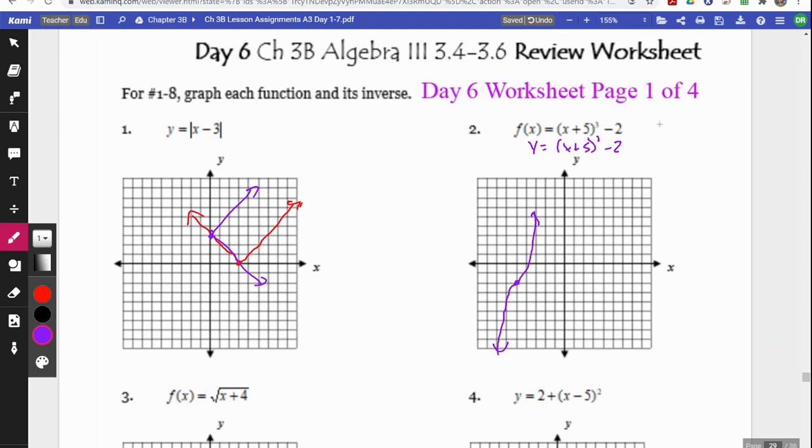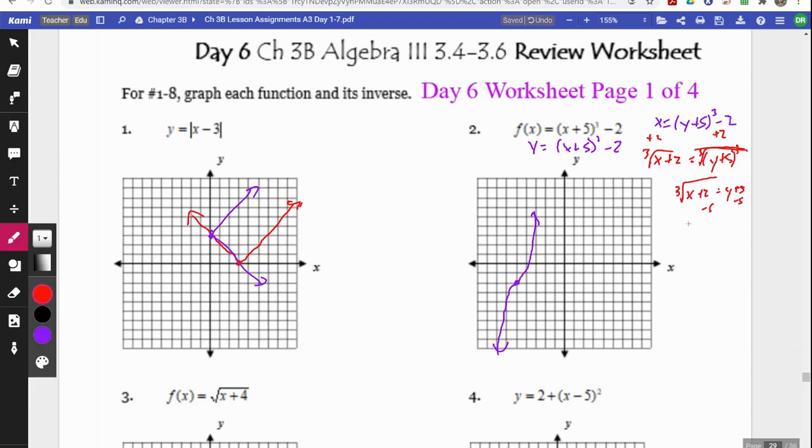And then in order to actually find the equation of the inverse, when we swap our x's and y's, x equals (y plus 5) to the third minus 2. So I'll solve this really briefly because it's just a review. Add 2: x plus 2 equals (y plus 5) to the third. Take the cube root: the cube root of x plus 2 equals y plus 5.